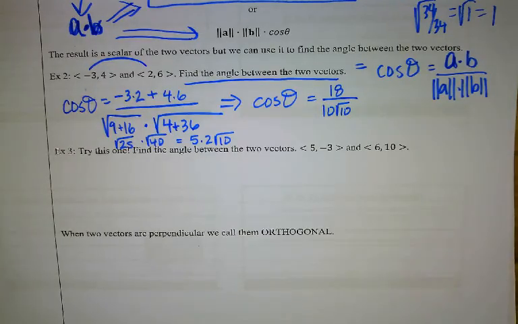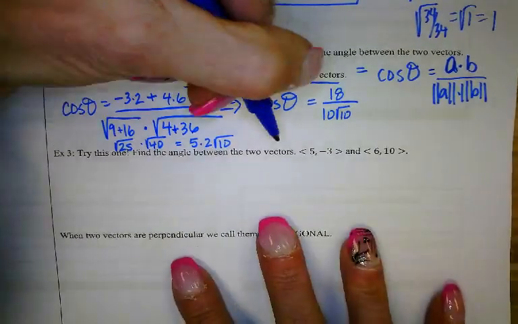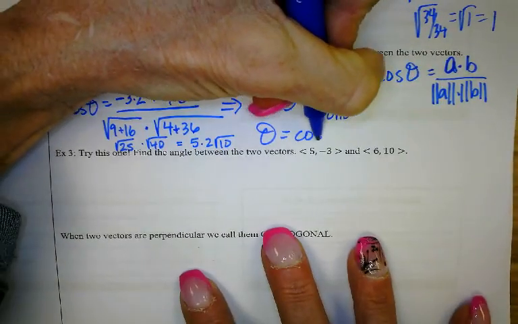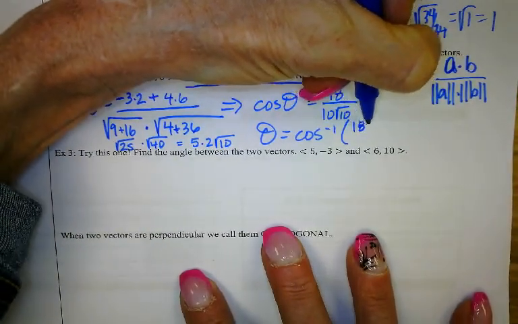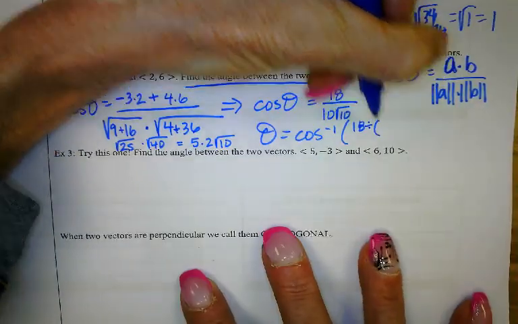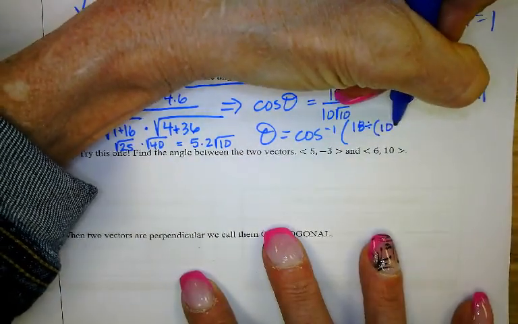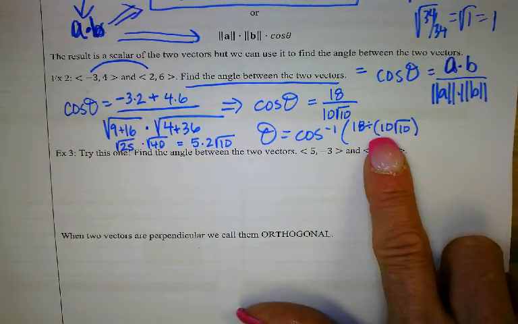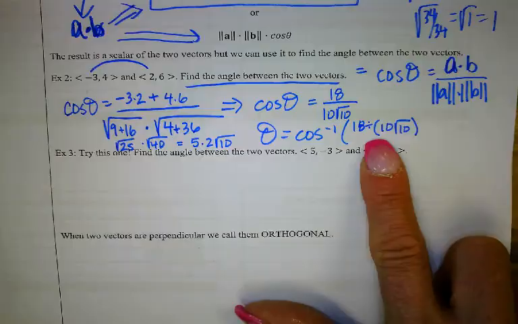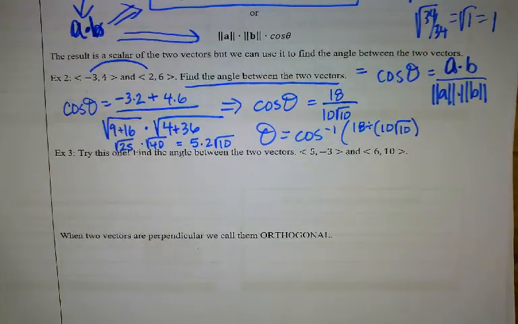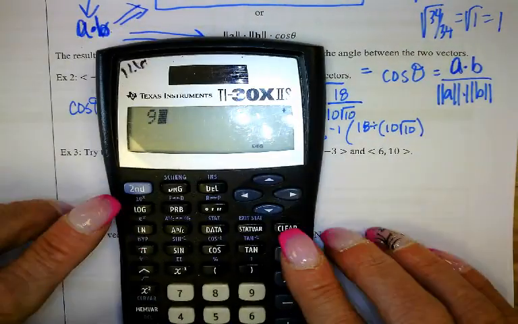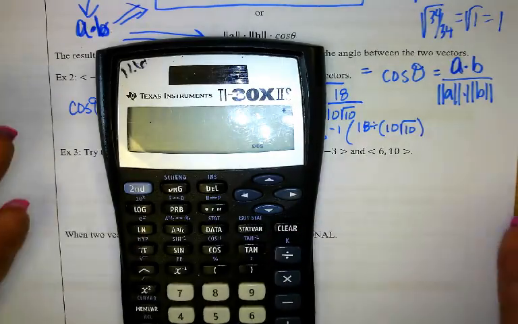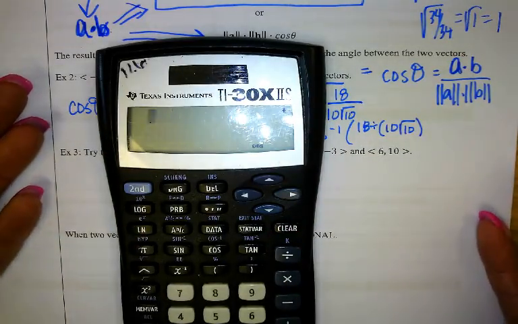Yeah, inverse cosine. So theta is going to be the angle whose cosine is 18 divided by, begin parentheses, 10 square root of 10. You have to begin the parentheses here. Okay, so I'm going to give my angle in degrees here. In vectors we can use degrees again because a lot of times we're trying to understand what the angle means.